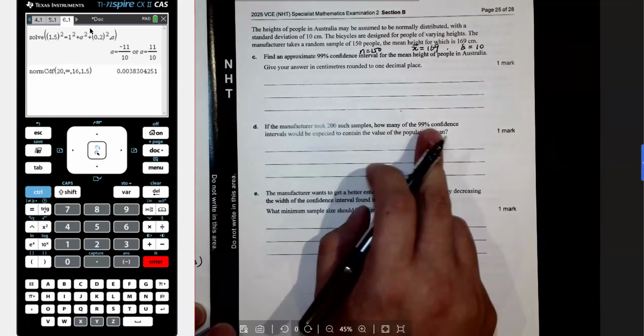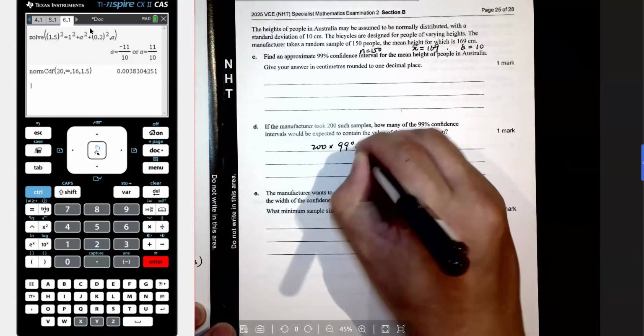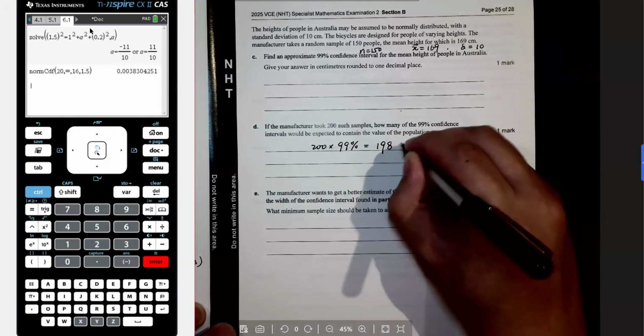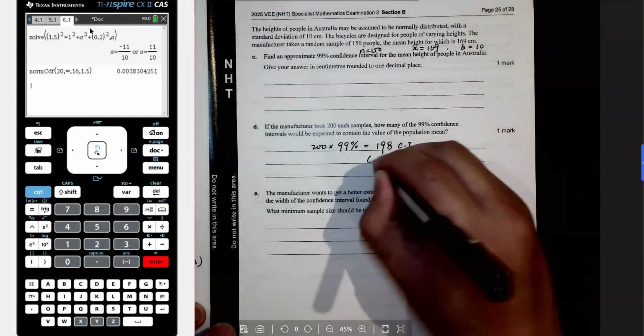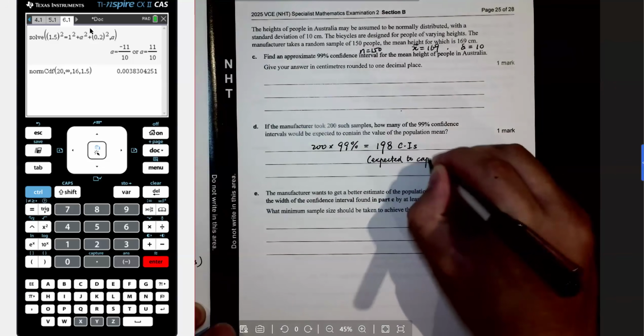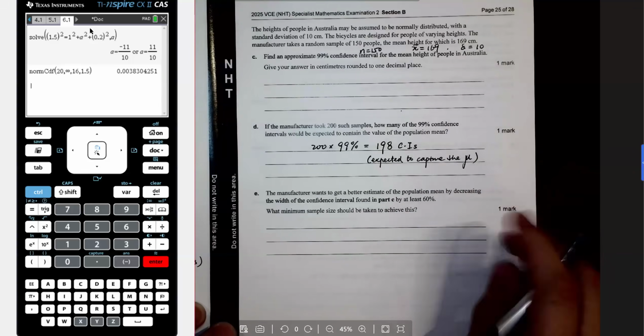How many of the 99? Okay, 200 times 99%, so about 198 confidence intervals are expected to capture the mu value, okay? Something along this line.